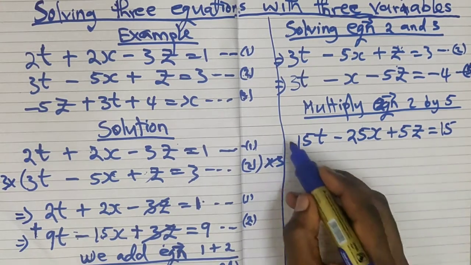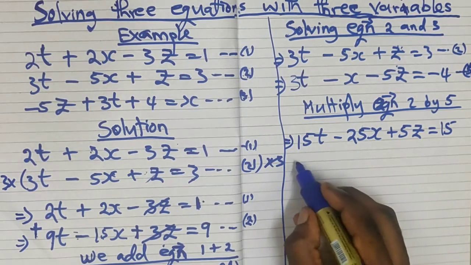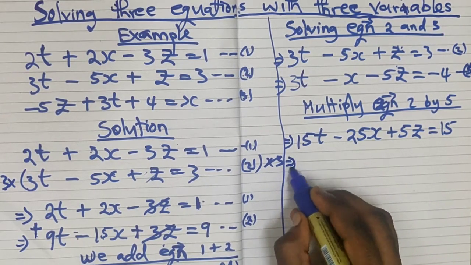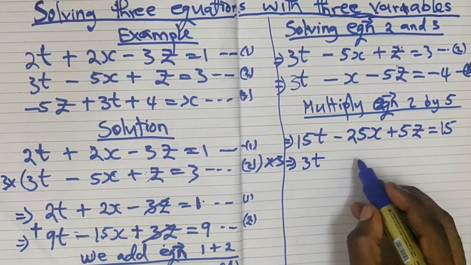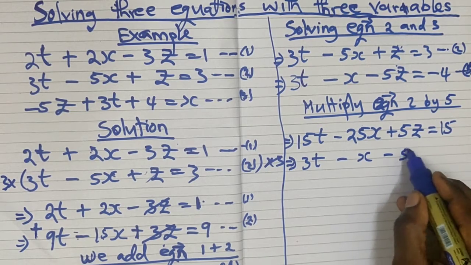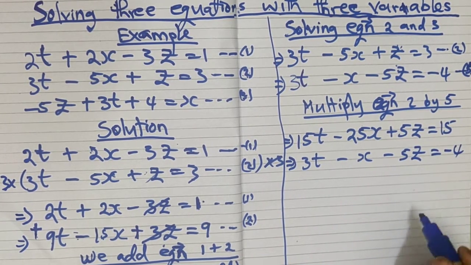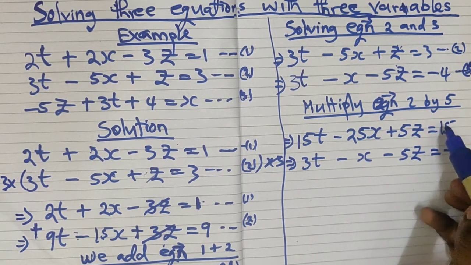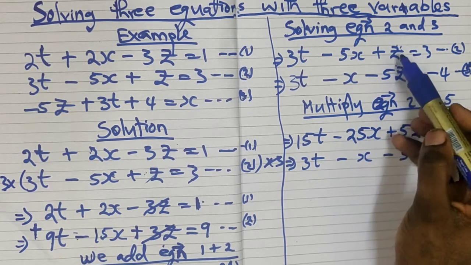This is our equation 2. Now this one, we just put this one. The equation 3 is 3t minus x minus 5z equals to negative 4.